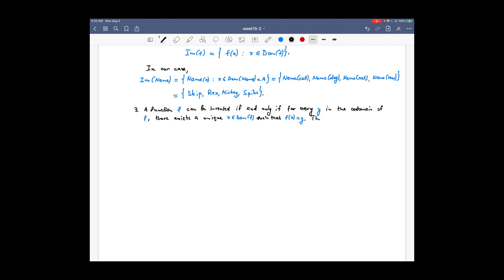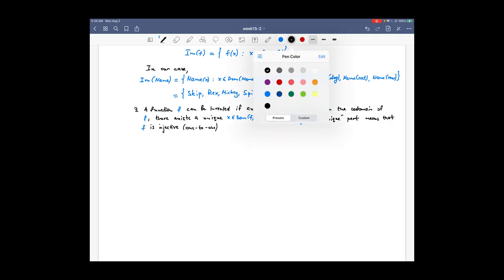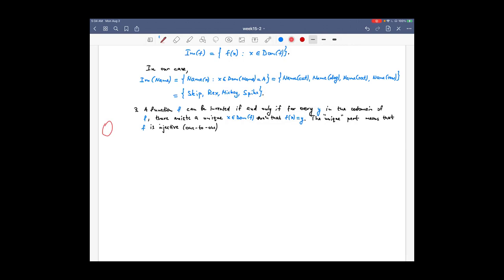Now, the unique part means that our function f must be injective. One-to-one, as we used to call it. In other words, we don't allow the following situation.